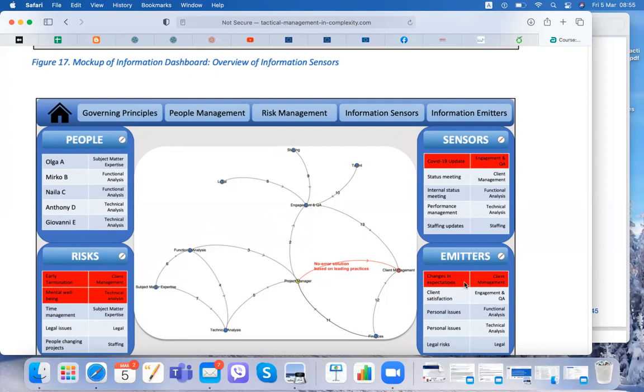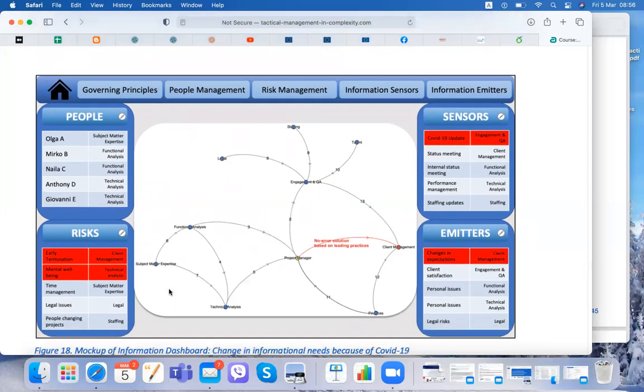Changes in expectations also. So you see here how things are being reconfigured, sometimes in the main system of roles and accountabilities, but many times in these aspects, in the content of the information sensors, emitters, risks and people. So many threads of adaptability are captured like this.